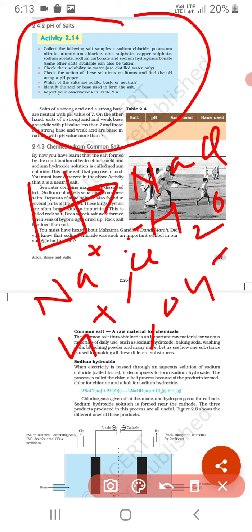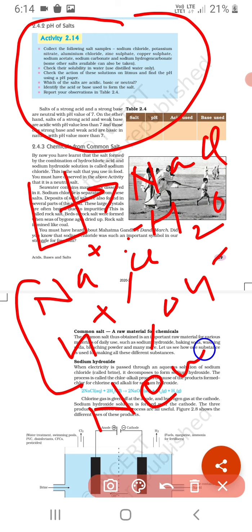See students, here a strong acid and a strong base are present, so they neutralize one another and give us a neutral solution. So we can say that this given salt is neutral by nature.